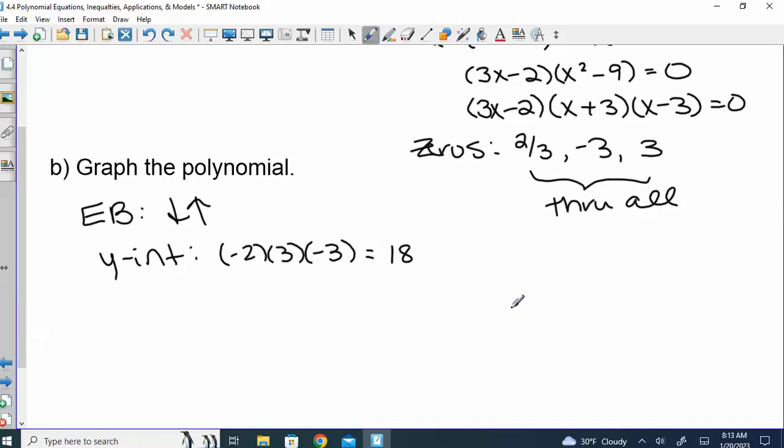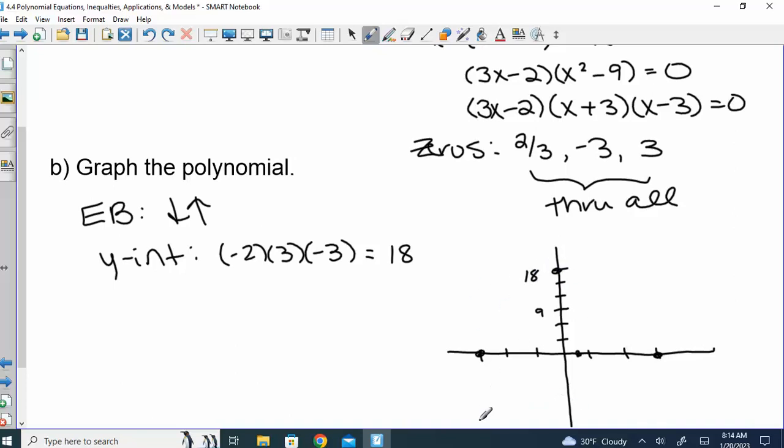Okay. Alright, so let's graph it. So hit the x-axis at -3, positive 3, and positive 2/3. Y-axis at 18. I'm gonna count by 3s.